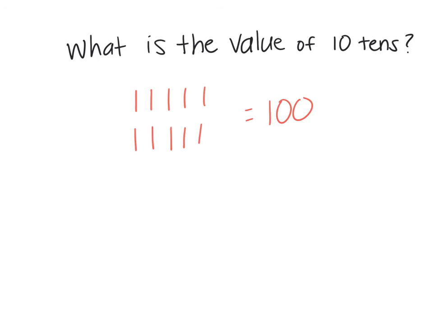But now we're going to start getting into larger numbers. So this is something that we need to have memorized. 10 tens is the same as 100. Okay? So what if I said now, what is the value of 20 tens? Okay?